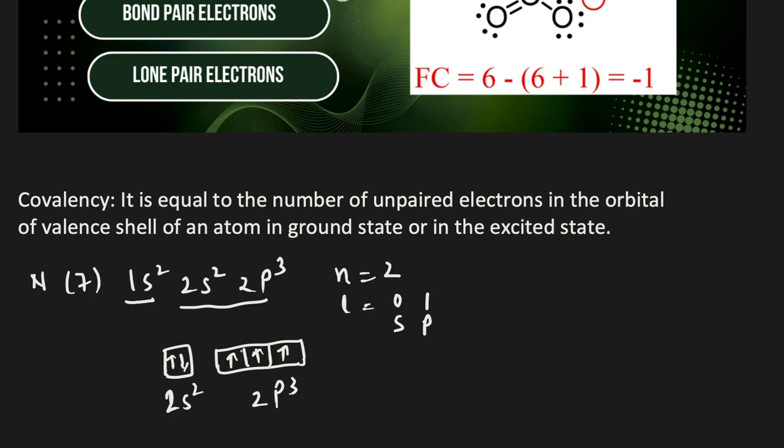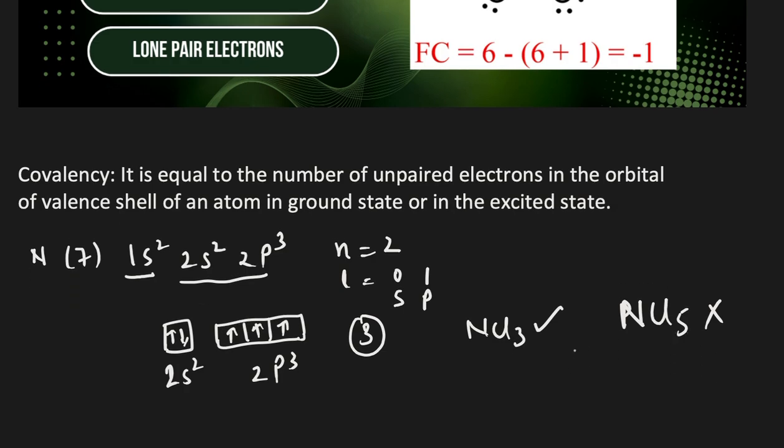So unpaired electrons are 3. Therefore, in case of nitrogen, covalency is 3. That is why you must have seen that NCl3 is possible, but NCl5 is not possible. Why? Because it has 3 unpaired electrons. 5 is not possible in this case.